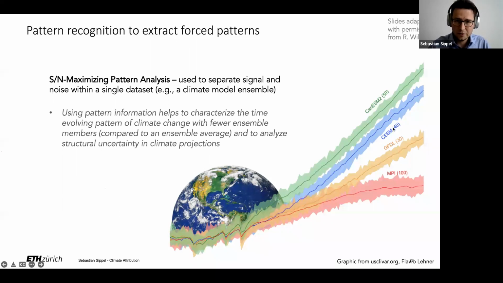So if you have, say, CESM, a standard community climate model, you have the ensemble average, but on a local scale you may still have a lot of variability between different members, and then it may not be so clear what the forced pattern is. These pattern recognition methods give you a better estimate by finding the patterns that really co-vary with the ensemble average.